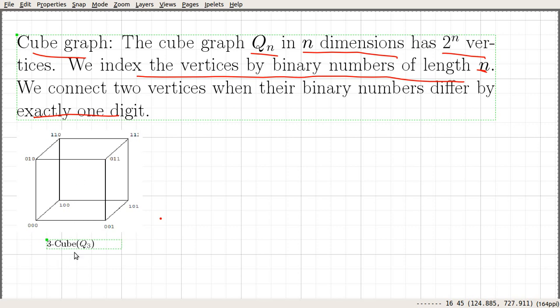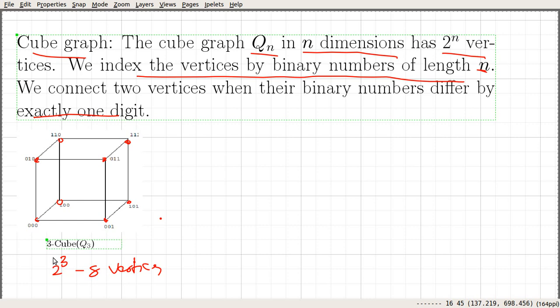So this is an example of what is called Q3, a cube graph of dimension 3. Okay, dimension 3 means it has 2 to the 3 vertices, 8 vertices. So these are those 8 vertices, 1, 2, 3, 4, 5, 6, 7, 8, and these vertices are labeled by binary numbers of length n.